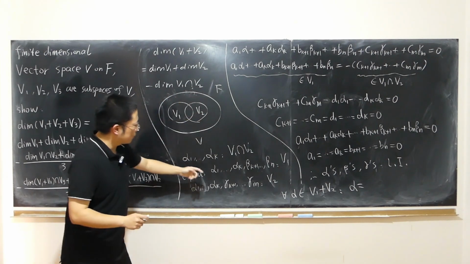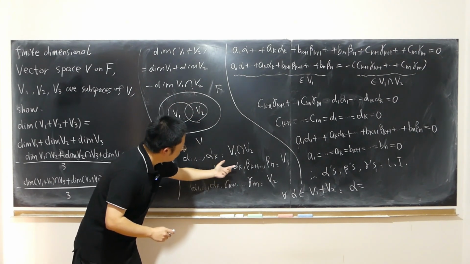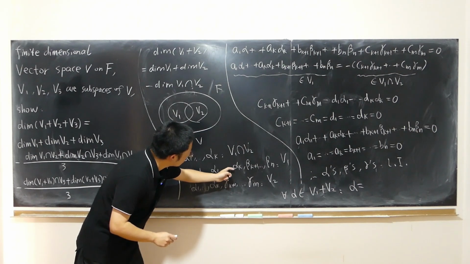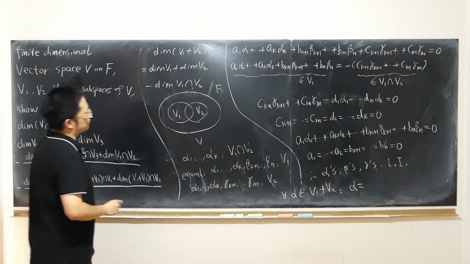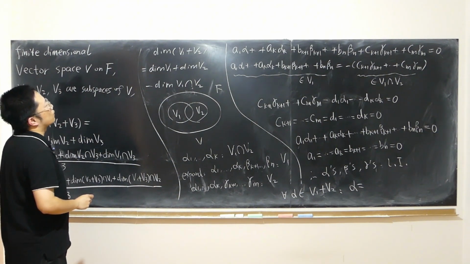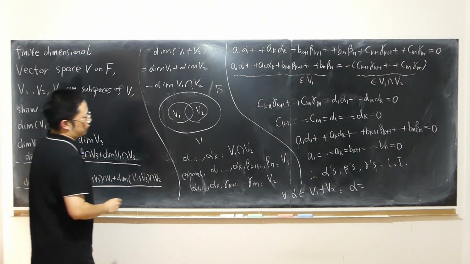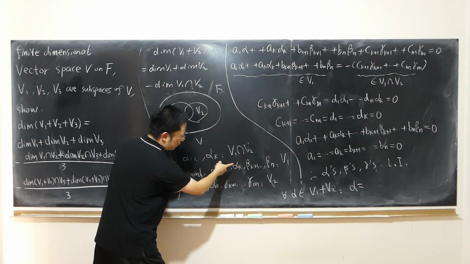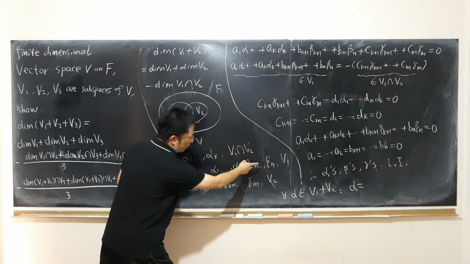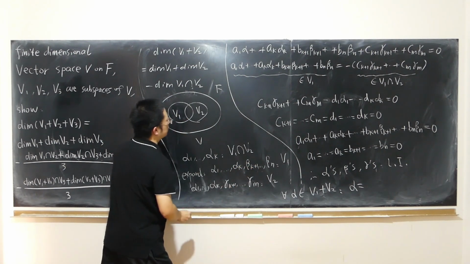So how many vectors are there? Alphas, betas, gammas, how many? You have k many alphas, k of them. Betas, how many? N minus k.